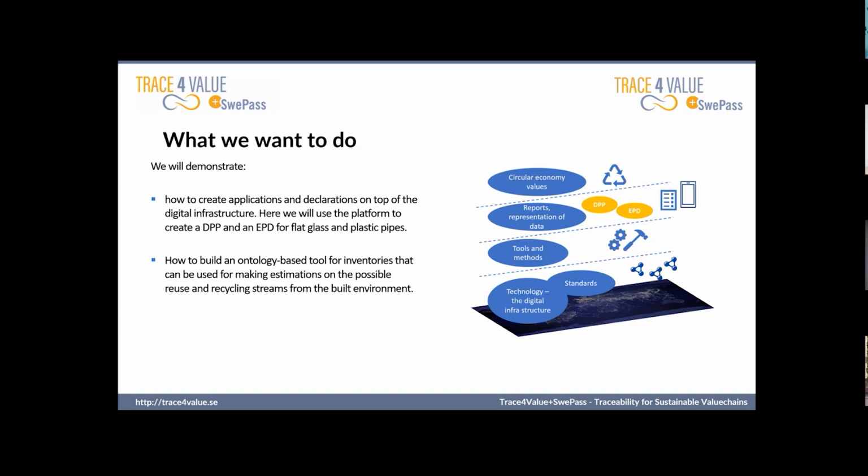The representations that we are focusing on in this work package are the DPP, Digital Product Passport, and the EPD. And we will do this by also using an app to collect data that's needed in the circular value network.